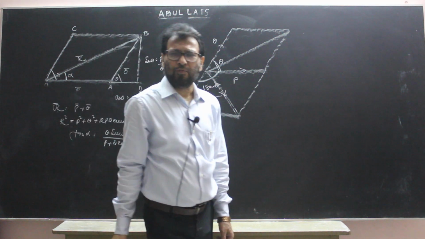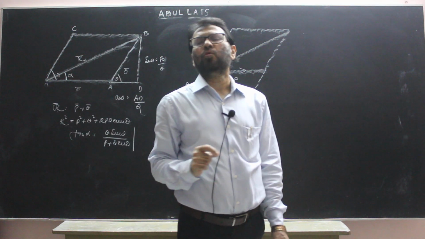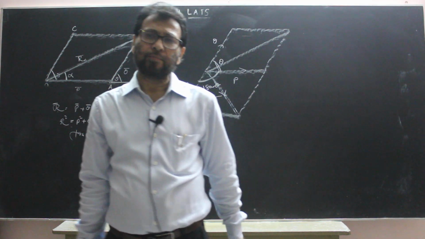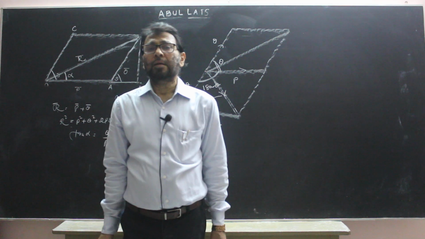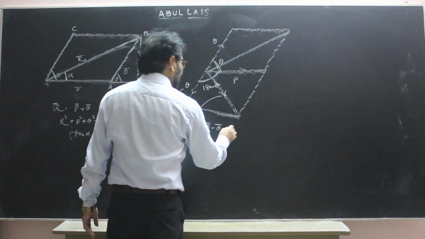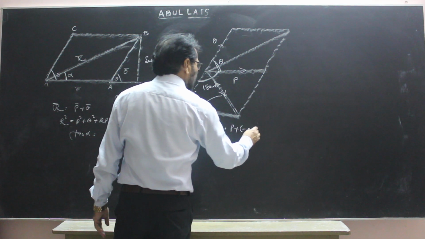So if we subtract Q from P, we are going to calculate P minus Q, which is simply the resultant of P plus minus Q.